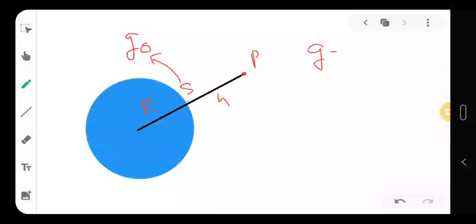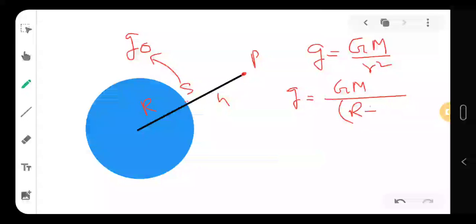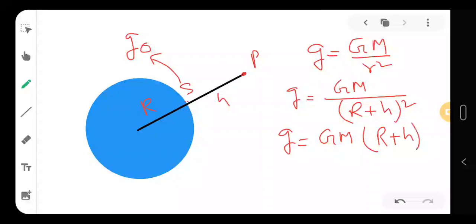So according to the formula, we know that G is Gm by r square. So instead of r square, I can write here Gm by (r plus h) square. Okay, so I can write like that. Now let me simplify more first.